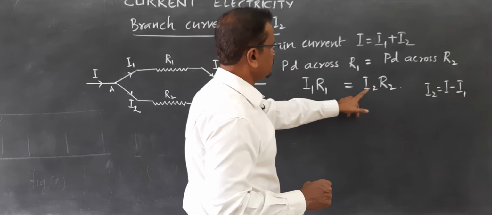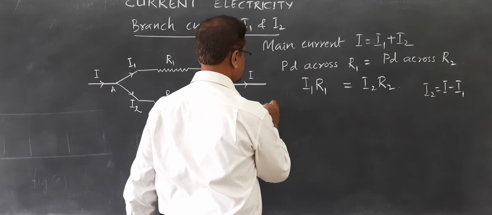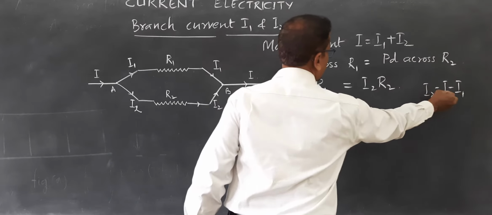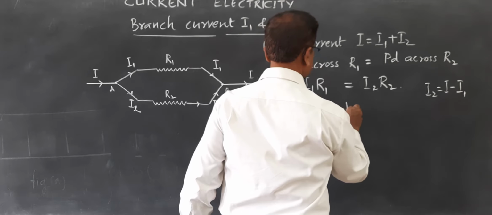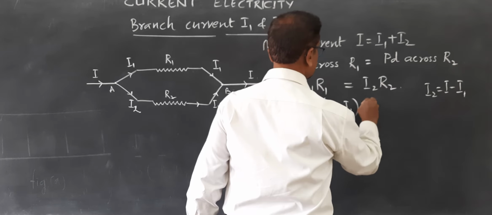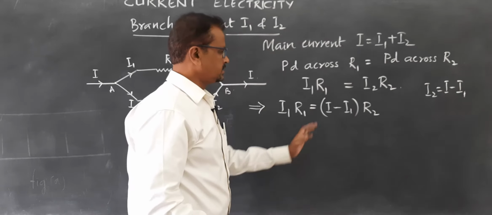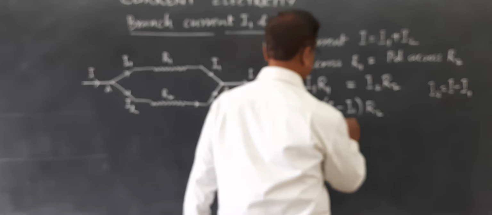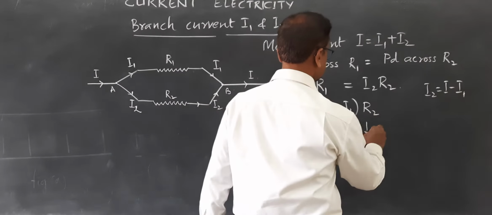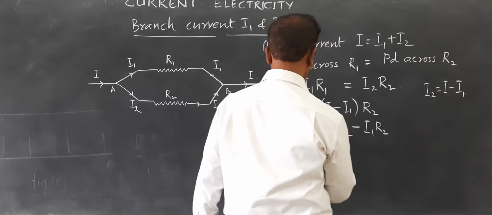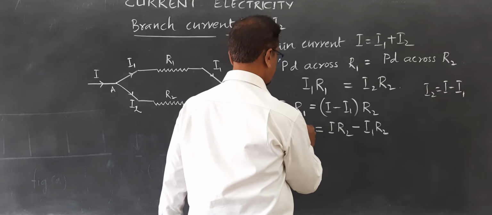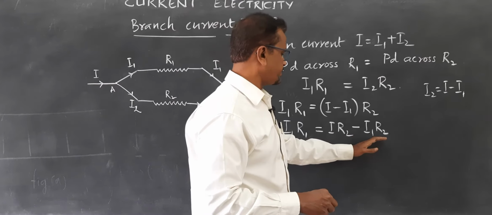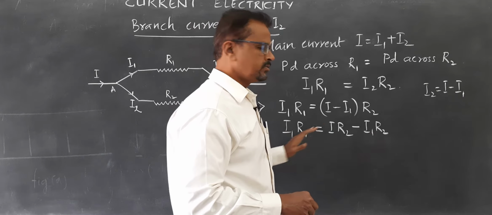I1 R1 is equal to I2 R2. Therefore, this implies I1 R1 is equal to (I minus I1) into R2, right? Now expand this. So this becomes I R2 minus I1 R2 equal to I1 R1. Now take I1 R1 and I1 R2 to one side.